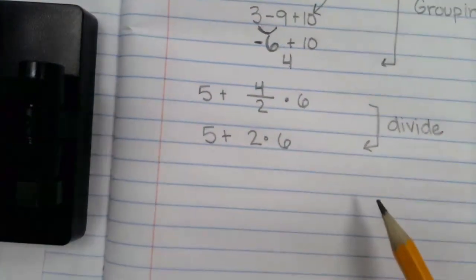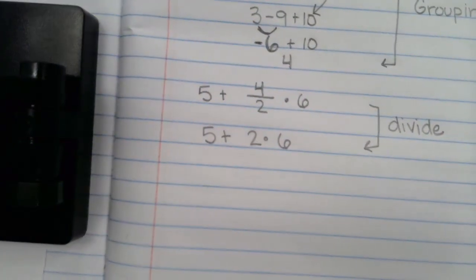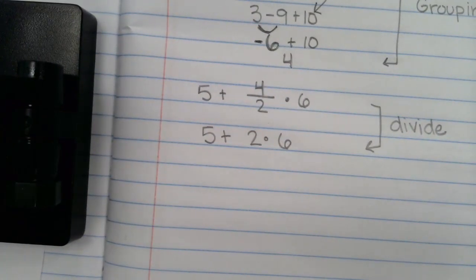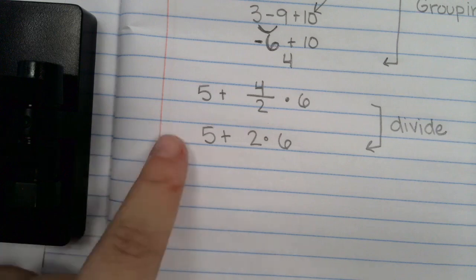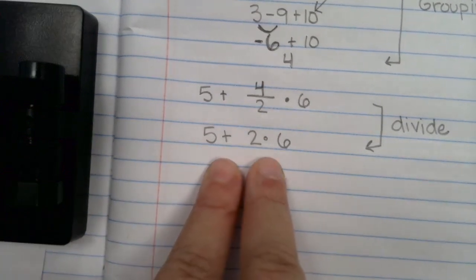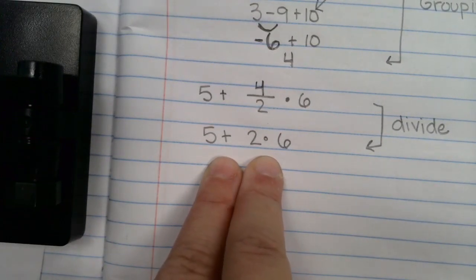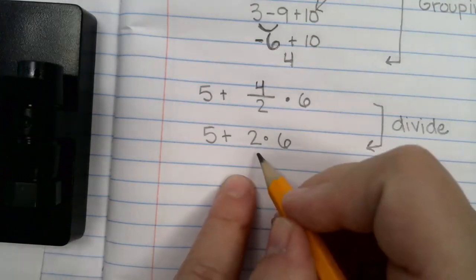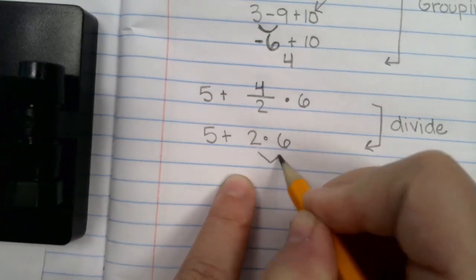All right, so another way to think about it is now we could go back to G and think, do I have any grouping symbols? Do I have any exponents? Do I have any multiplying and dividing? What I like to do personally is I like to see, what do I have? I have adding and I have multiplying. What comes first? Multiply comes first. 6 times 2. Multiplying. 6 times 2 is 12.